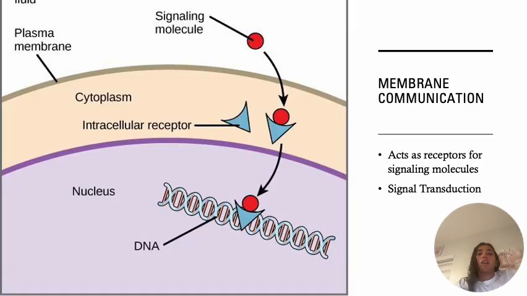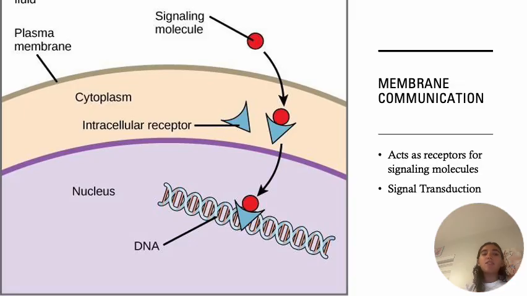Okay, now we're going to start talking about facilitating communication between cells. The cell membrane is essential for communication between the cell and its environment. Within the cell membrane, we have membrane proteins, which act as receptors for signaling molecules such as hormones, neurotransmitters, etc. When these molecules bind to receptors, they trigger specific cellular responses.